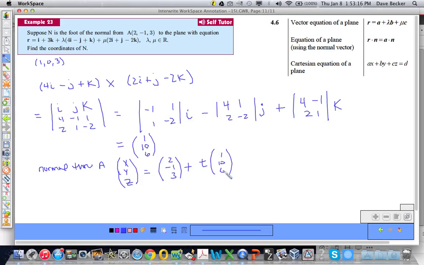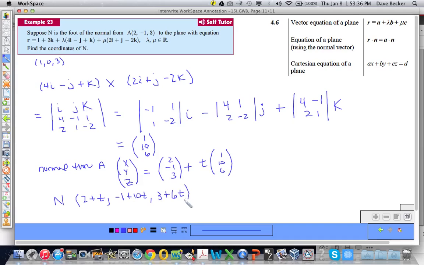Okay. And so then I know that n must have coordinates for these parametric equations, and that would be the coordinates 2 plus t, -1 plus 10t, and 3 plus 6t.